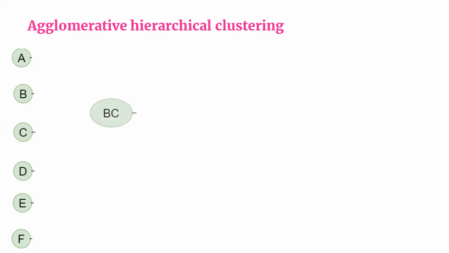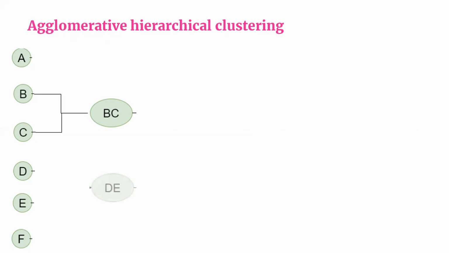I have data elements A, B, C, D, E, F. Initially, I consider each and every element as a single cluster. In the later step, I assume that B and C have similar properties, so I make that group, and BC forms a cluster.